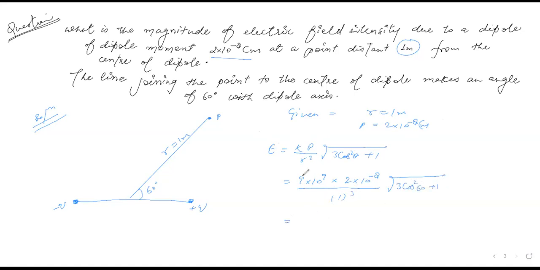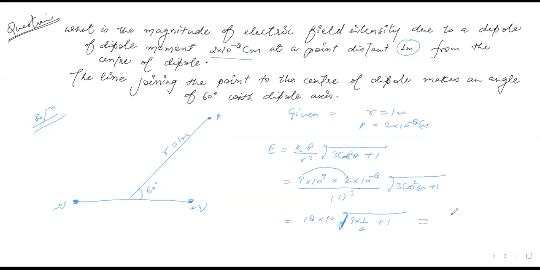When you calculate this, 9 into 2 will be 18, and 10 raised to the power 9 times 10 raised to the power minus 8 will be 10. Cos 60 is 1 by 2. After squaring it, 3 into 1 by 4 plus 1.